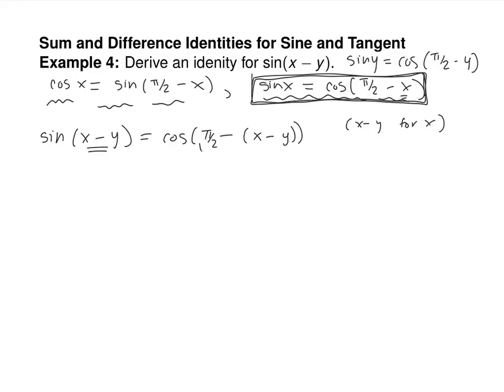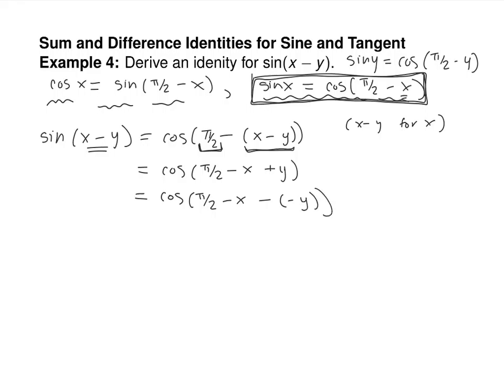And then this is your first thing, that's your second thing. You have an identity for cosine, right? This is, oh shoot, that's not right. I'm so sorry. I need to look at my notes before I do this. Distribute that negative. Make this cosine pi over 2 minus x plus y. We're going to change the grouping. And this is cosine of pi over 2 minus x minus negative y.